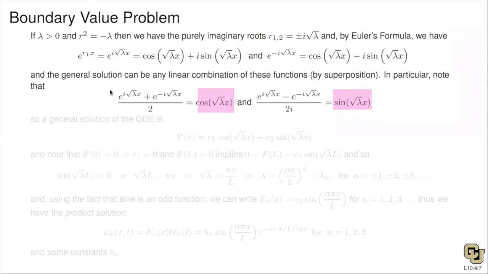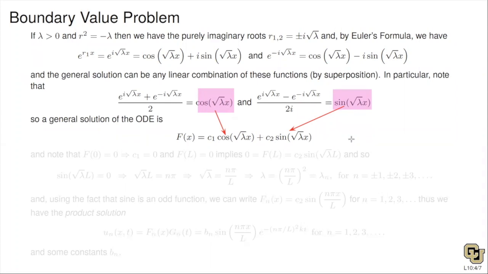And now superposition says any linear combination of these solutions is again a solution. So here we formulate this generic solution of the X variable problem as a linear combination of cosine root lambda x and sine root lambda x. And keep in mind, we still haven't used the boundary conditions.